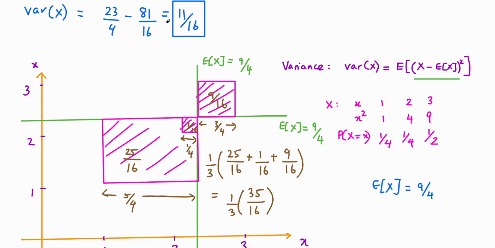We got 11 by 16. Wait a minute. If this was 33 instead of a 35, then this would be 33 over 3, which is 11 over 16. That would exactly match this. What is going on here? I'm a bit confused. Can you pause the video for a second and help me figure out what's going on?